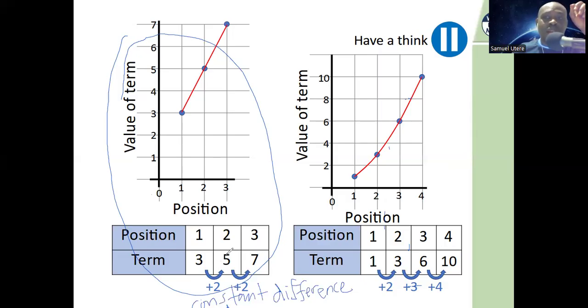If a sequence has a constant difference, it is a linear sequence. I'll repeat. When a sequence has a constant difference, it is a linear sequence. So you've learned some really new words in this lesson. I hope you don't forget. And then you can clearly see that this is a non-linear sequence because it does not have a constant difference. Okay. Let's move on.